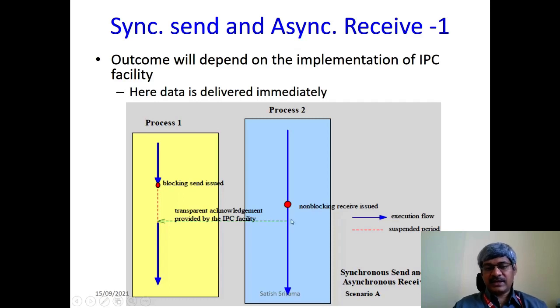Since it is received, it can send a transparent acknowledgement, provided by the IPC facility. Then process 1 continues execution. So here the data is properly delivered, no issues, no problem, with this synchronous send and asynchronous receive in scenario 1, if the implementation is like this.